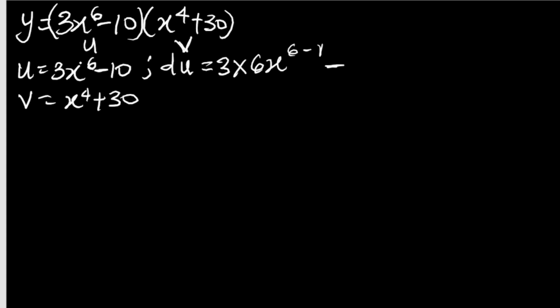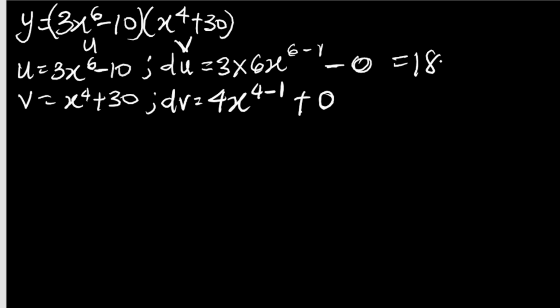Then minus, differentiating 10, which is a constant, is also 0. Then we differentiate v: dv is 4x raised to the power of 4 minus 1, and differentiating 30, which is also a constant, gives us 0. So we have du as 18x raised to the power of 5, and dv as 4x raised to the power of 3. Now you can see we have our u, our du, our v, and our dv.